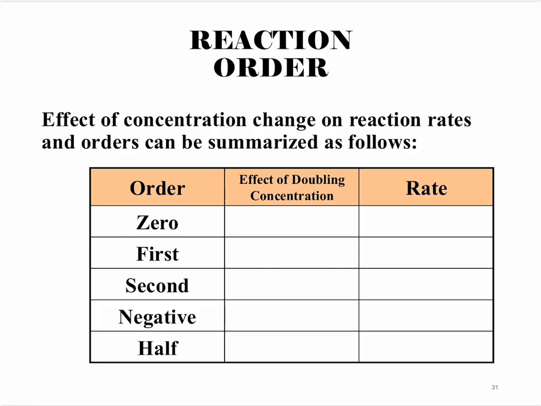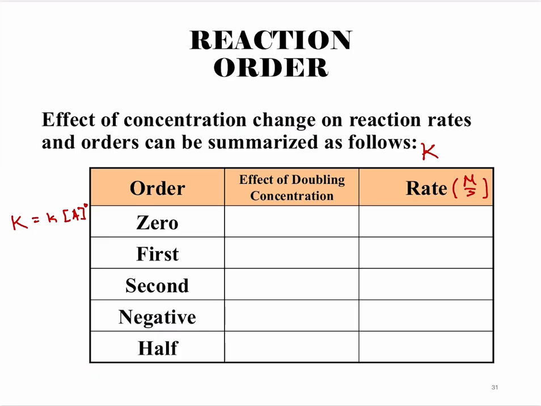So again, the rate was uppercase K, and it was in units of molarity per second. That's not that important for this table, but I'm just emphasizing it a lot, hint, hint. And so for a zeroth order reaction, again, uppercase K is equal to lowercase k times A to the power 0, right?